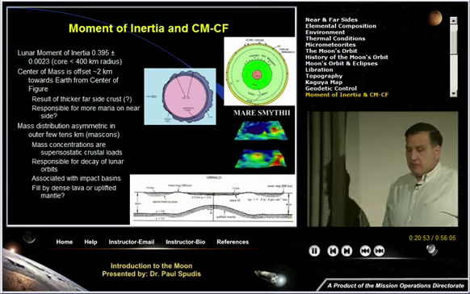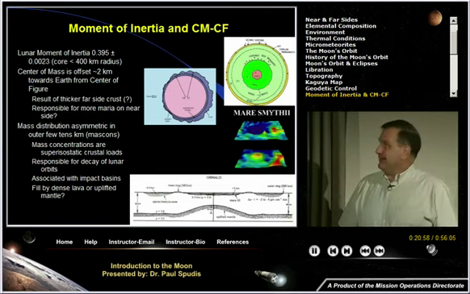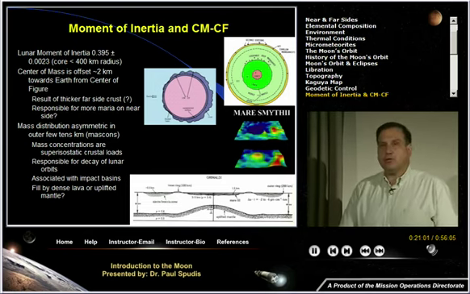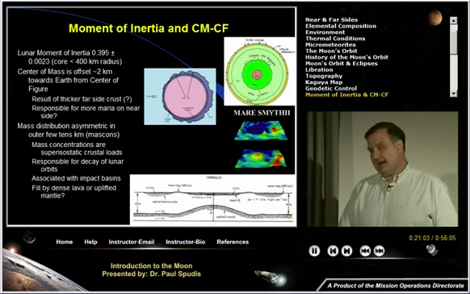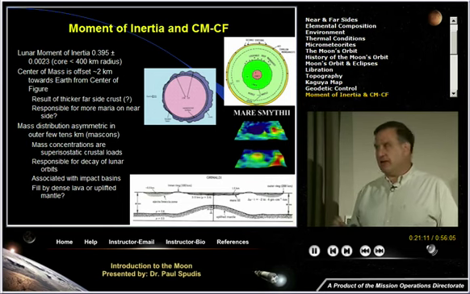Now, as I mentioned earlier, the moment of inertia of the moon is nearly that of a uniform sphere. However, it is slightly less than 0.4, so therefore a small core is allowed. We thought we detected a core with the Apollo seismic experiment, but that was only from one measurement from one event that occurred during the 7-year lifetime of that seismic network.